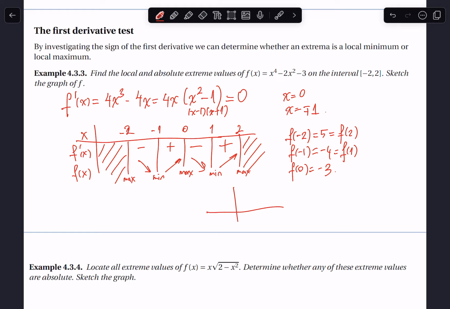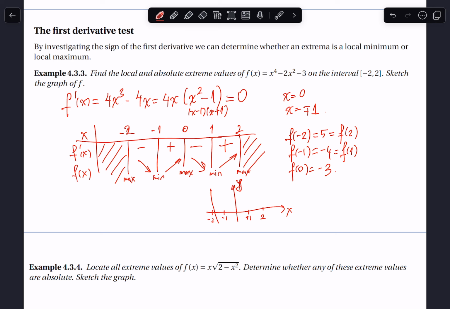This means the following: at -2, -1, 0, +1, and +2, the function will look like this. At -2, the function is at 5, so it will be decreasing.